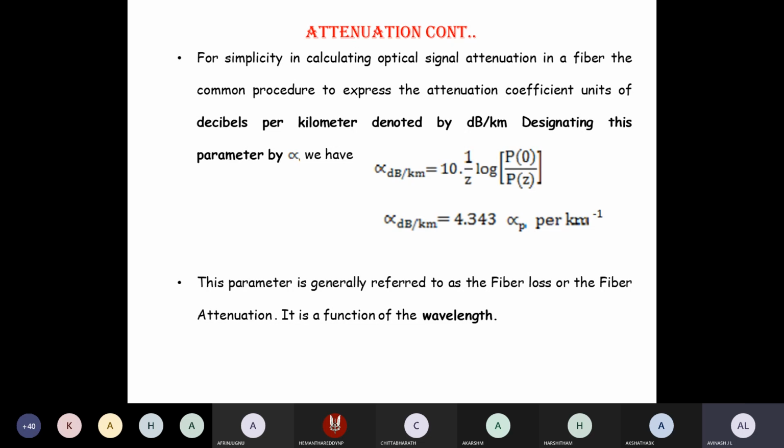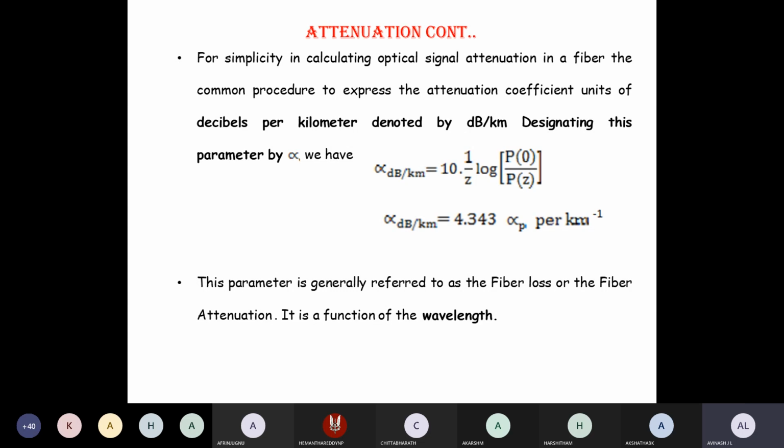Now if you want a direct relationship between alpha dB per kilometer and alpha p, whatever you calculate for alpha p, you just multiply that parameter by 4.343.